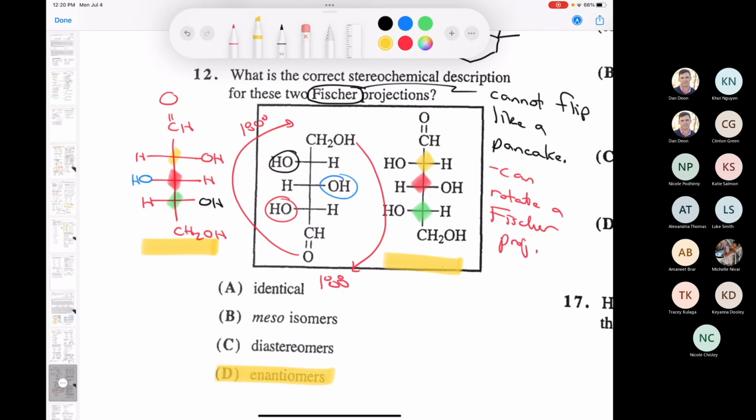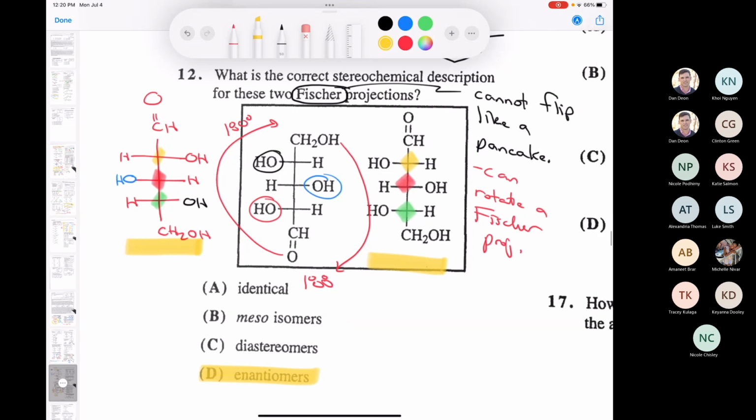Kind of a tricky question, but I've seen this kind of question on a DAT exam, a dental school entrance exam. And so I want you to just be aware of this, especially students who might be interested in those kinds of things, is that you can't flip a Fischer projection like a pancake, but you can spin it around like a top. Okay?